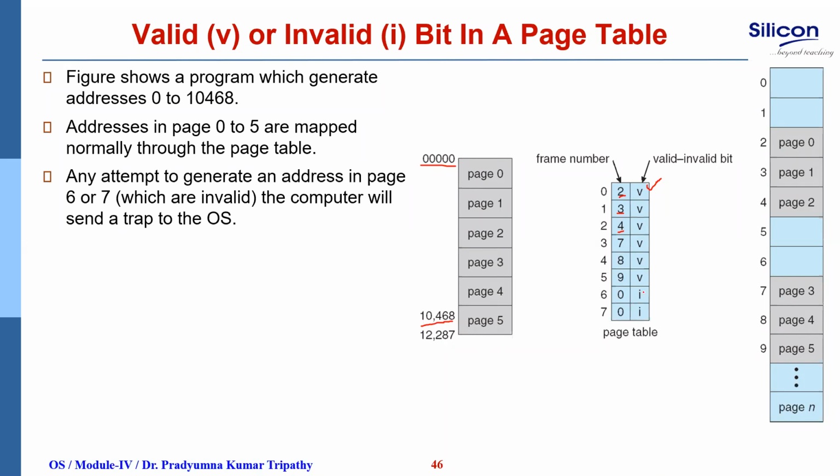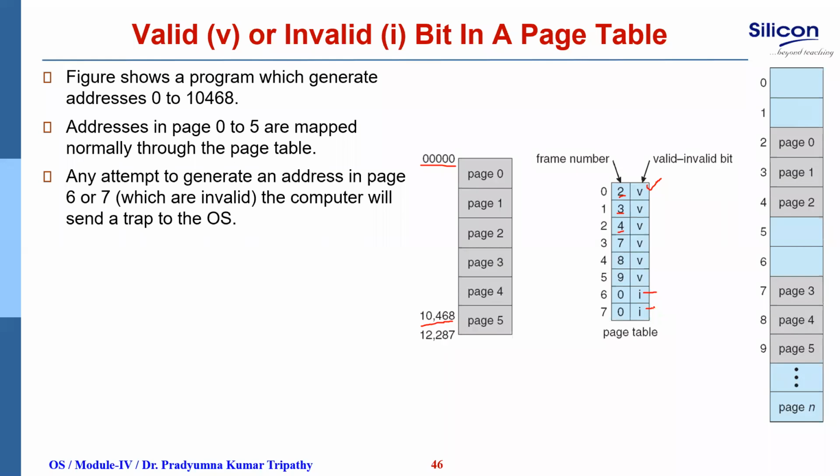So these 6 and 7 are marked as invalid, meaning these are not currently present. So any attempt to generate an address in page 6 and 7, the computer will send a trap to the operating system.